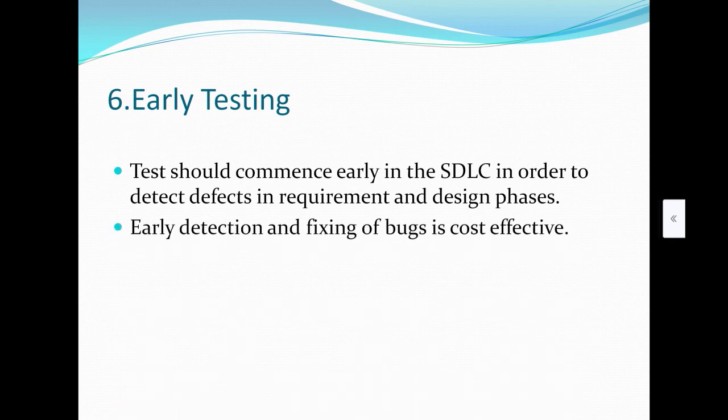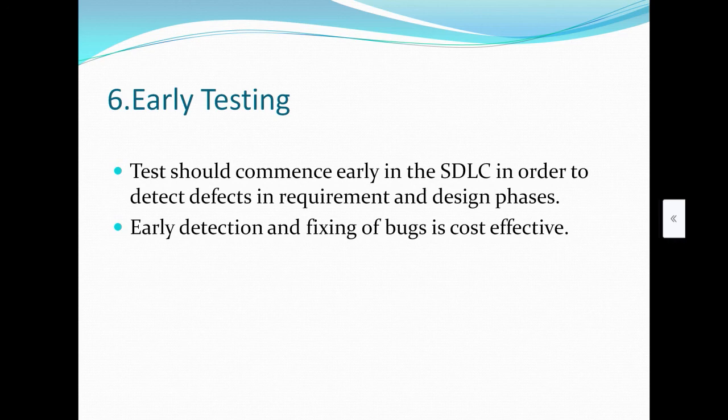What does this do? Early detection has its own advantages, because you are detecting and fixing bugs early, which is very cost effective. It comes cheap. You don't want to detect a bug during the user acceptance testing phase. You don't want users to detect defects because that becomes a costly affair.